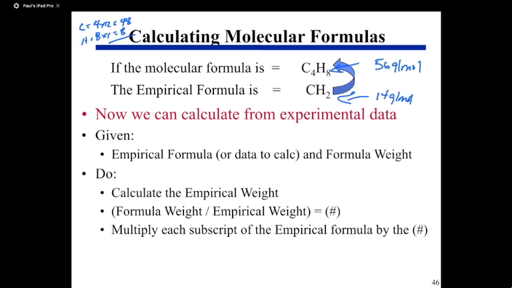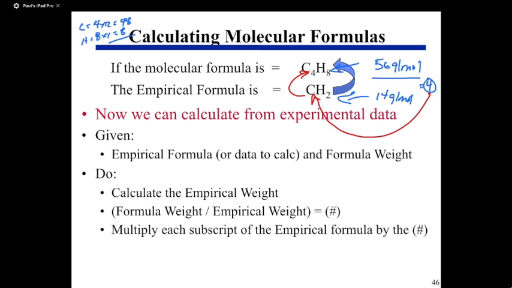Okay, now check this out. 56 grams per mole, that's the weight of this. 14 grams per mole, that's the weight of this. If you divide this number into that number, what do you get? 4. That's a small whole number. If I take this 4 and multiply it by, what number is understood there? 1. 1 times 4, I get 4.